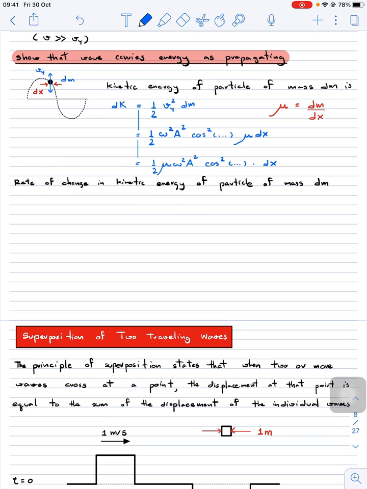So the rate, in physics, just means per time. So in this case, we have dK by dt. So it's equal to, again, the 1/2, and then we have the mu, and the omega square, and then times the a square, and the cosine square and blah blah blah, and then times dx by dt.